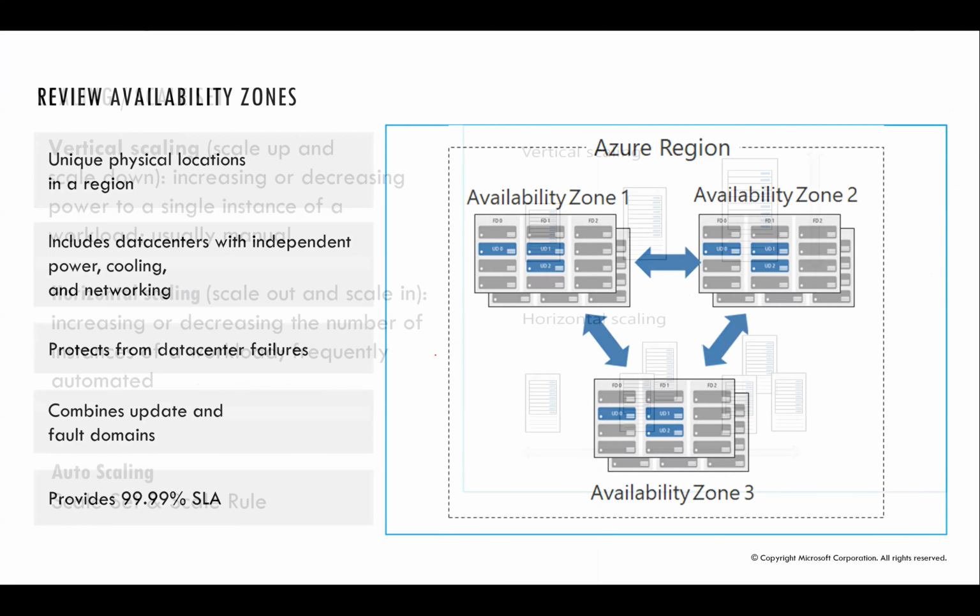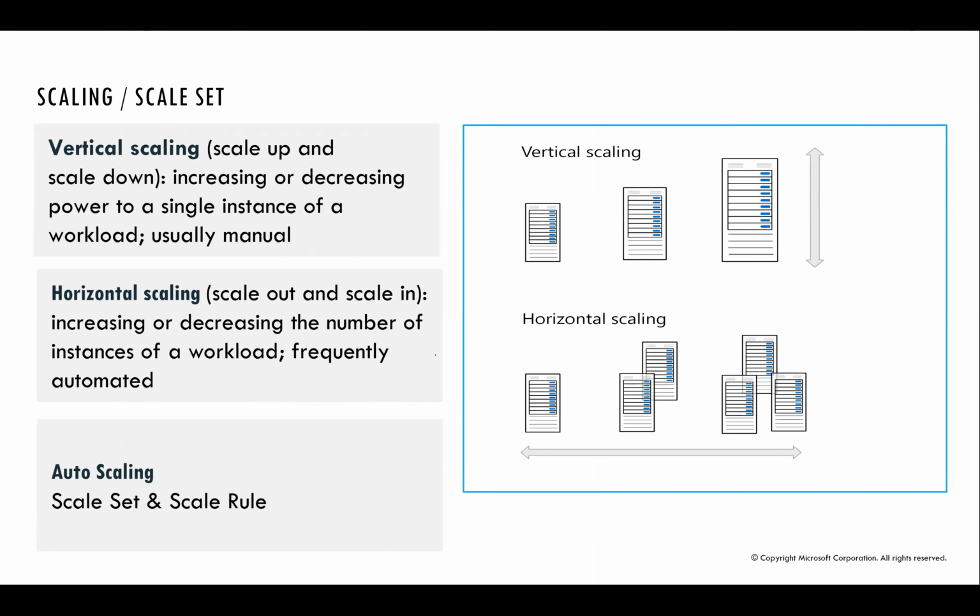Now, there are situations where you want to scale. And scaling means increasing the amount of resources that you have available. It can be vertical, it can be horizontal. Vertical scaling means that you are increasing the resources on still the same virtual machine.